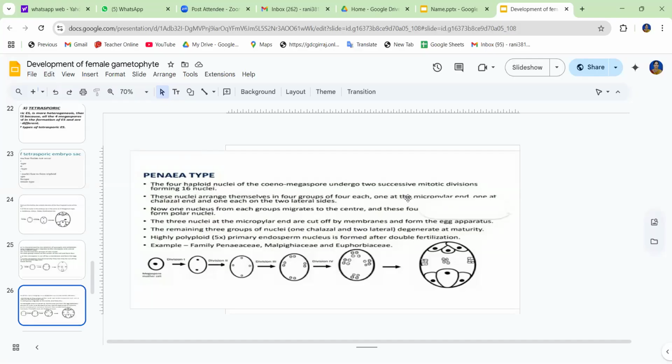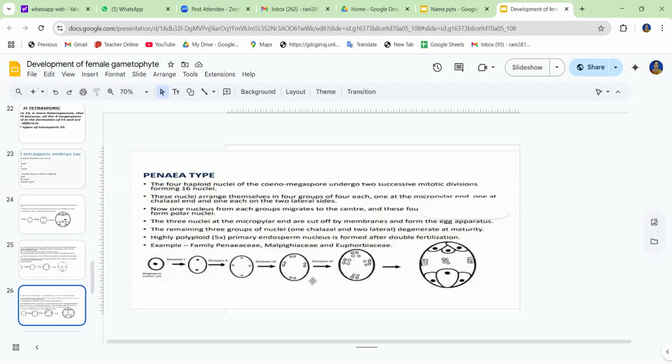These nuclei arrange themselves in 4 groups of 4 each: one at the micropylar end, one at the chalazal end, and one each on the 2 lateral sides. Same as in Plumbago.